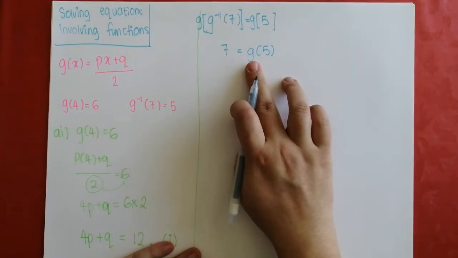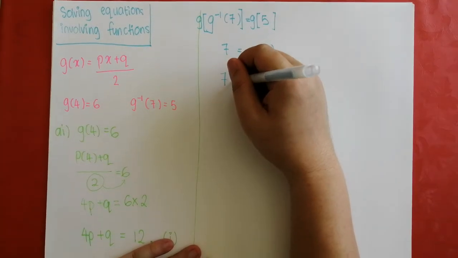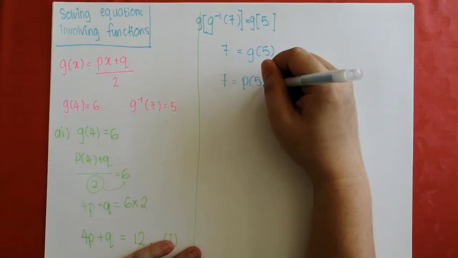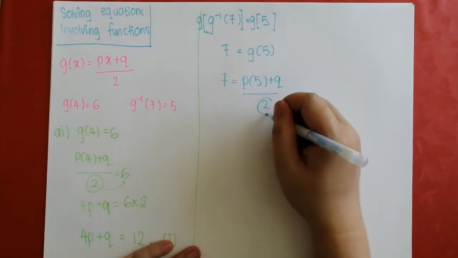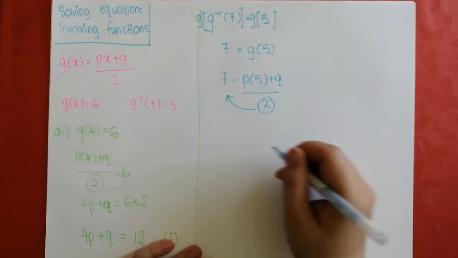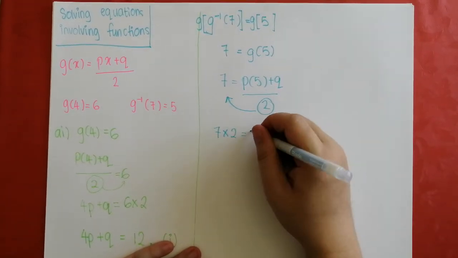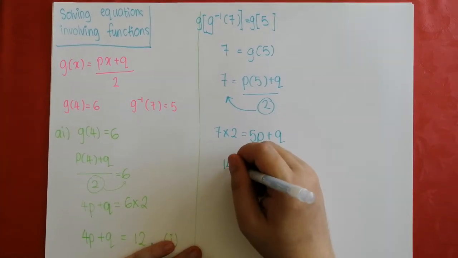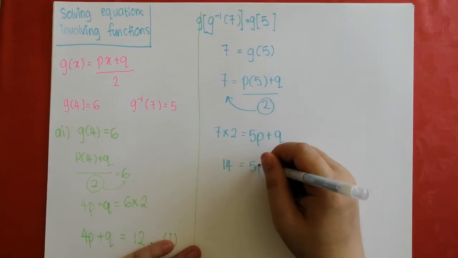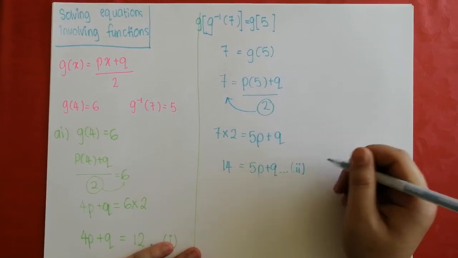So now g of 5 means that your x is equal to 5, therefore you have (p times 5 plus q) over 2. Simplify that, bring the 2 to the left so it becomes multiply, and you get 14 equals 5p plus q. That will be your equation number 2.